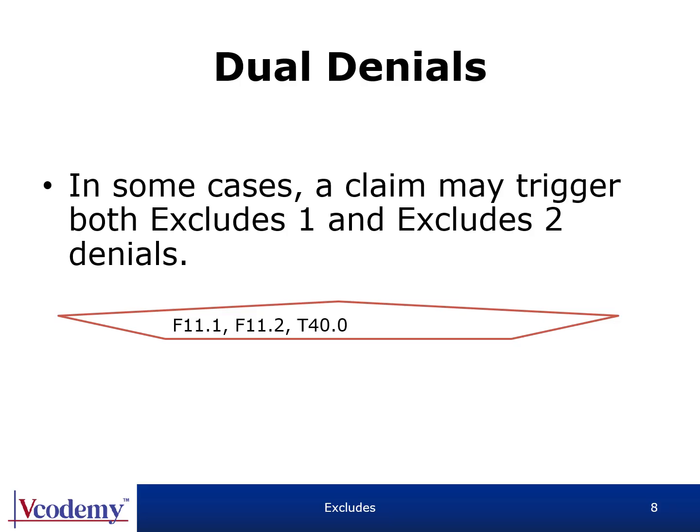So in this case, you can appeal the Excludes 2 denial by providing detailed documentation to support the claim. But you should never use F11.1 and F11.2 together. That is Excludes 1.